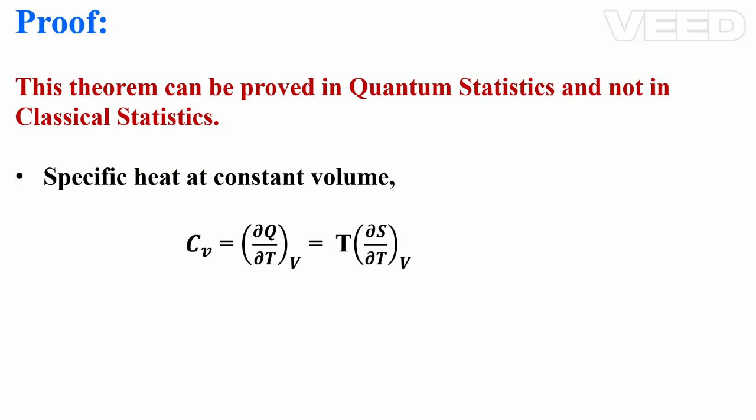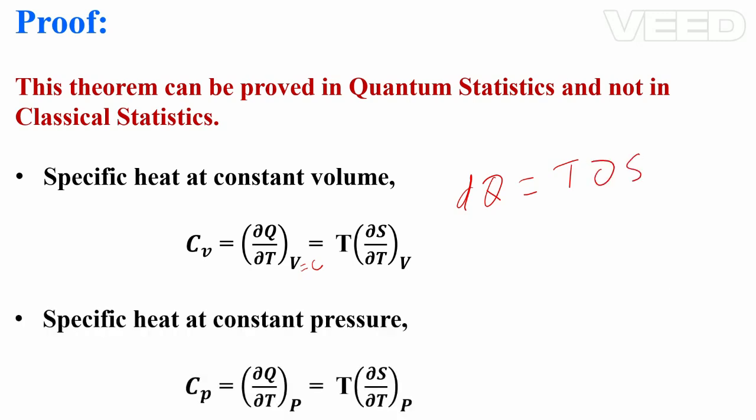We know that specific heat at constant volume, denoted by Cv, is equal to dQ upon dT at constant volume, and this dQ is equal to T dS.